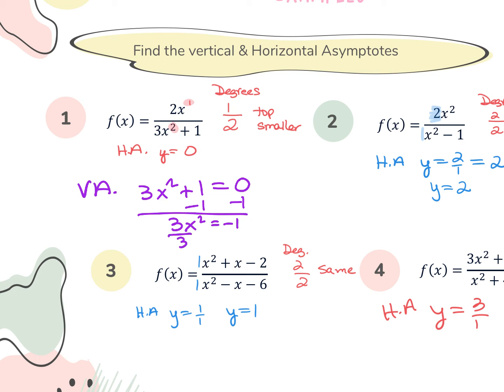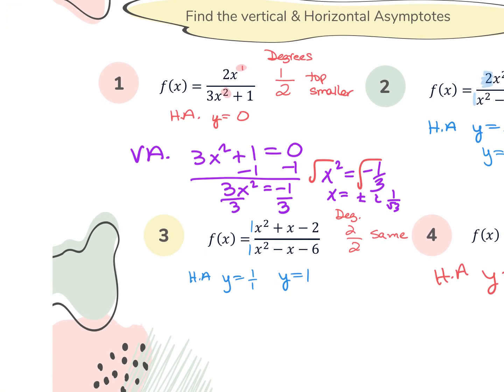Divide by 3. I get x squared equals negative 1/3. Square root both sides. And x is equal to plus and minus i times 1 over square root 3. I don't want any imaginaries. So when that's the case, you would say that there is no real solution here. So no vertical asymptote here. No imaginary asymptotes. We're not graphing imaginary numbers. So for this one, the vertical asymptote would be none.